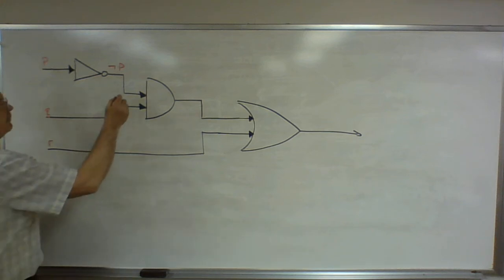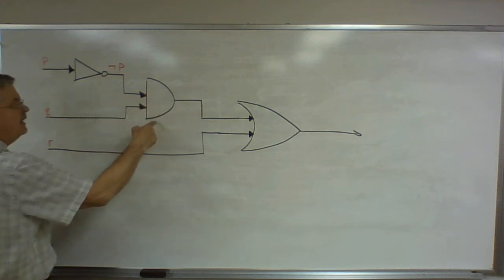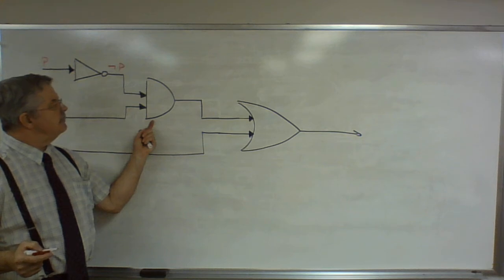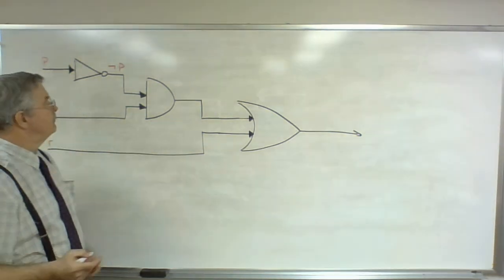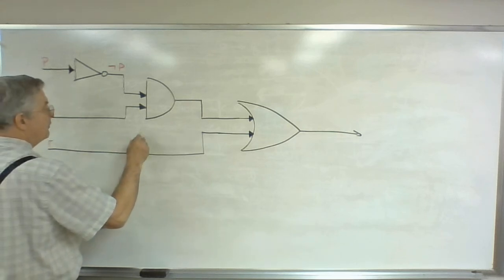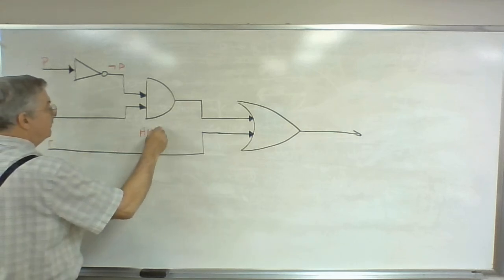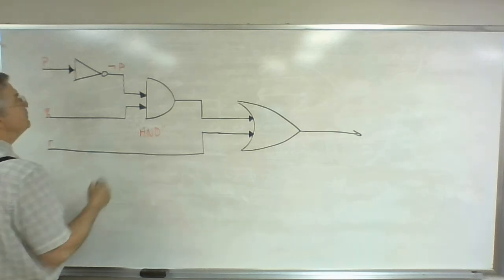And as input to, what kind of a gate is this? Let's see. This is an AND gate, isn't it? So you know what? I'm going to write this down here. This is an AND.